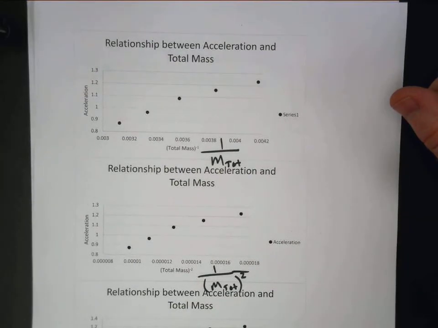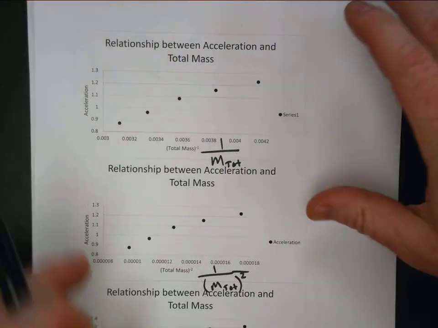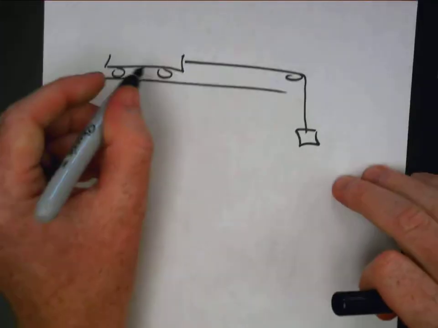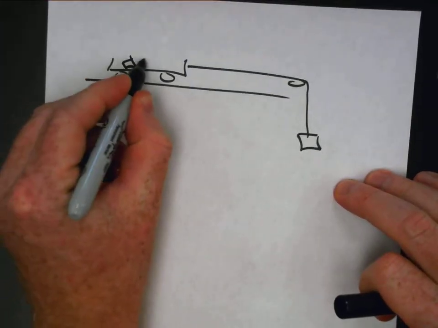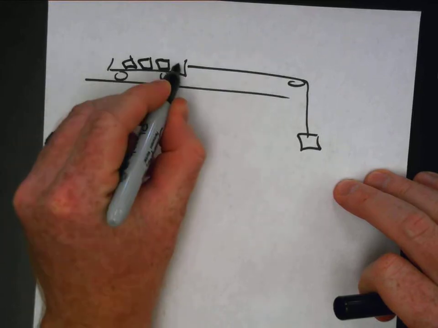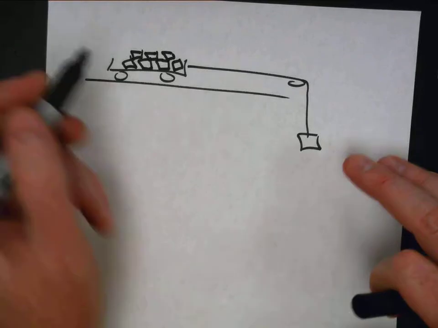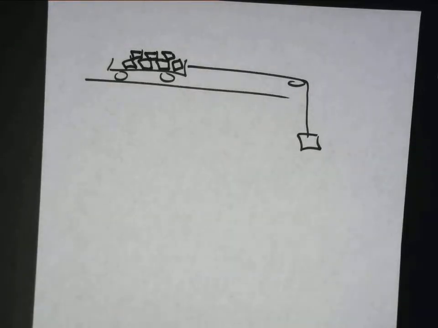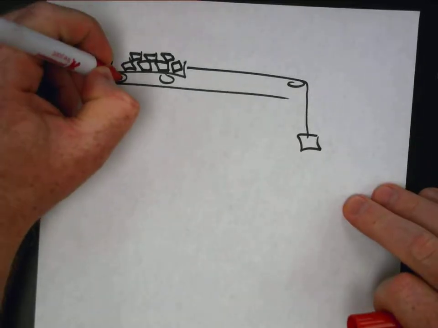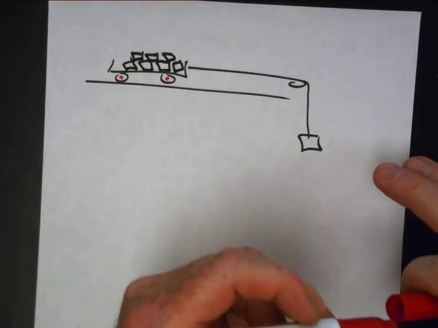But what else is going on with the blue cart? Well, the more mass we loaded into this cart, we kept loading this thing up. What do you think is happening to the wheels and the axles and the friction right in there? The friction is going to be increasing.